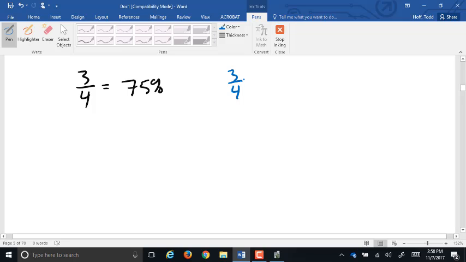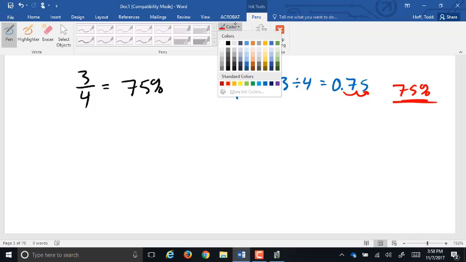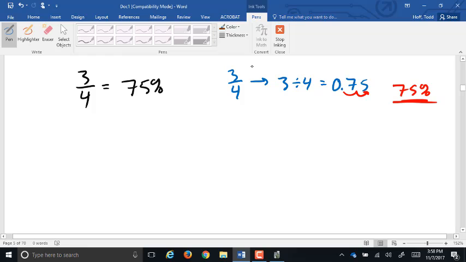One is we could have taken that fraction 3/4 and divided it out. 3 divided by 4 is 0.75. And then convert that decimal back into a percent by multiplying by 100 or moving the decimal point. Another way is 3/4 can be thought of as 3 out of 4.